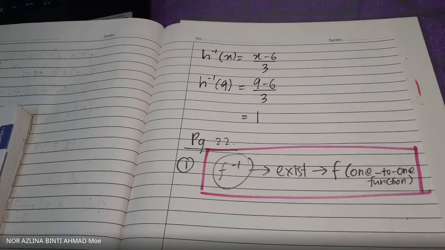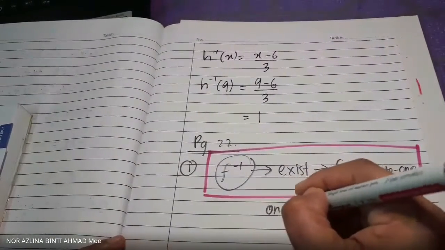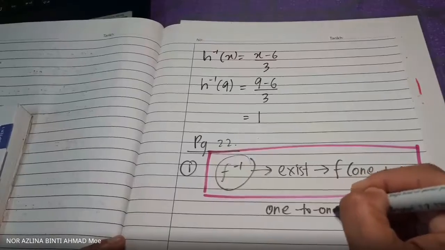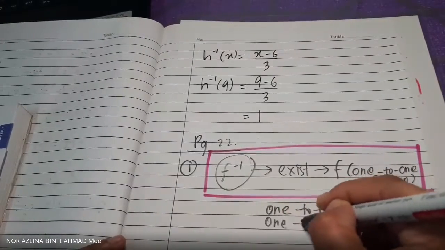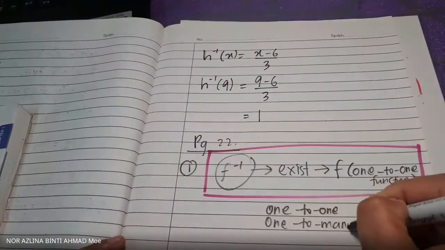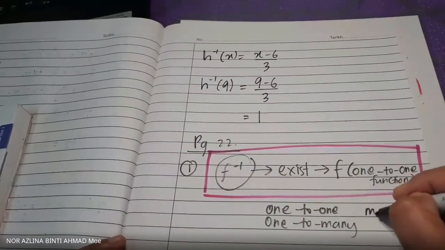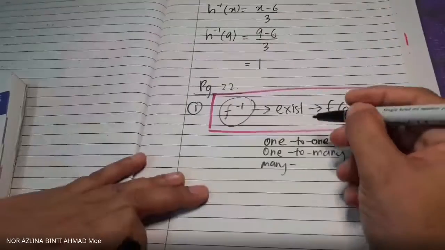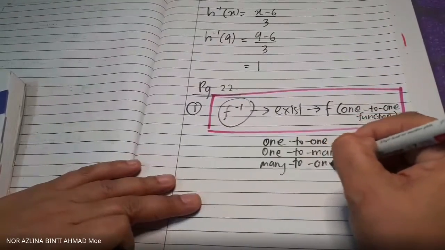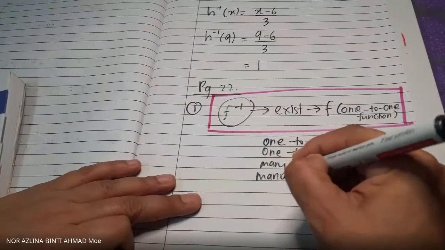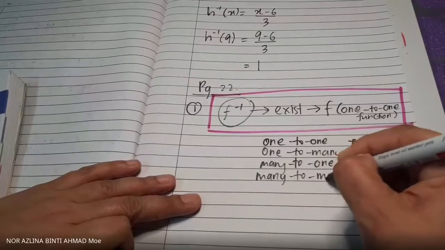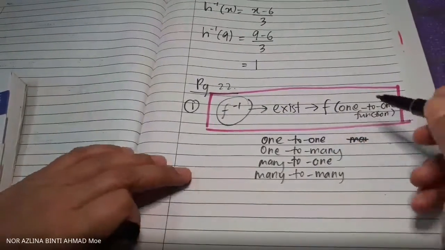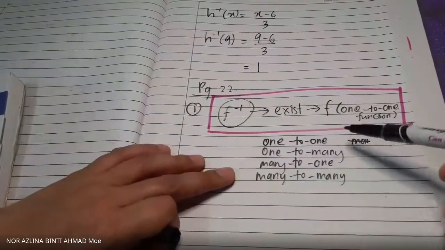Kan kita ada one-to-one function. Kita ada one-to-one. Kita ada one-to-many. Okay, kita ada many-to-one. Kita ada many-to-many. Okay, kita ada ni type of relation.